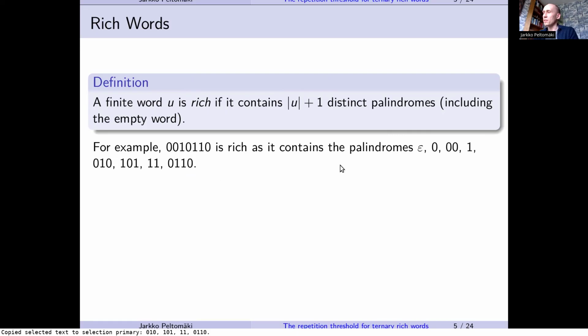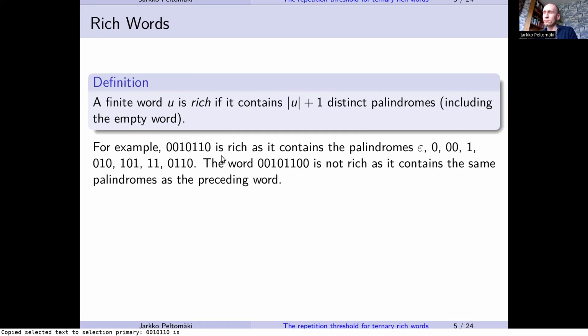There are 8 of those, which is the length of this word plus 1, so that word is rich. However, if you append the letter 0 to this word, you don't introduce any new palindromes, so this set of distinct palindromes stays the same, but the length increases by 1, so this word is no longer rich.